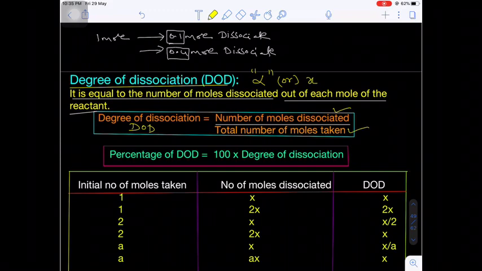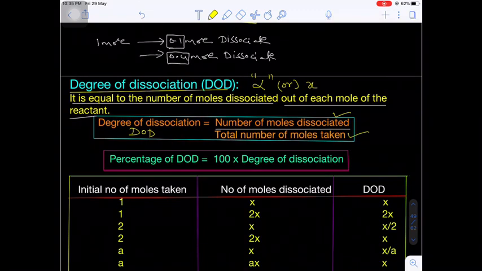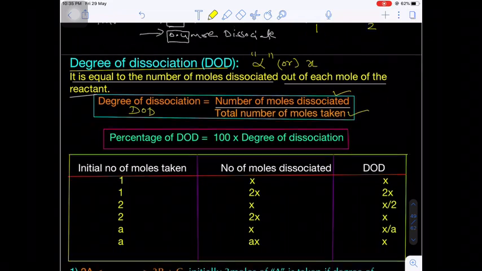The moles of reactant taken will be in the denominator, and the moles dissociated will be in the numerator. In the above example, 0.1 moles dissociated out of 1 mole taken. Otherwise, if 0.1 moles dissociated out of 2 moles, we write the initial number of moles in the denominator and the number of moles dissociated in the numerator. Are you getting my point?